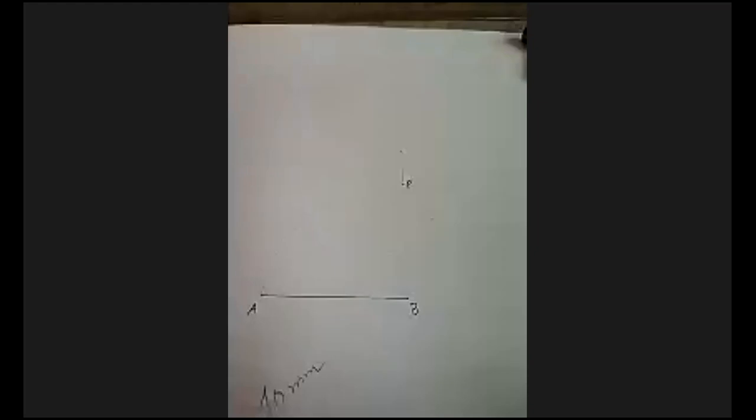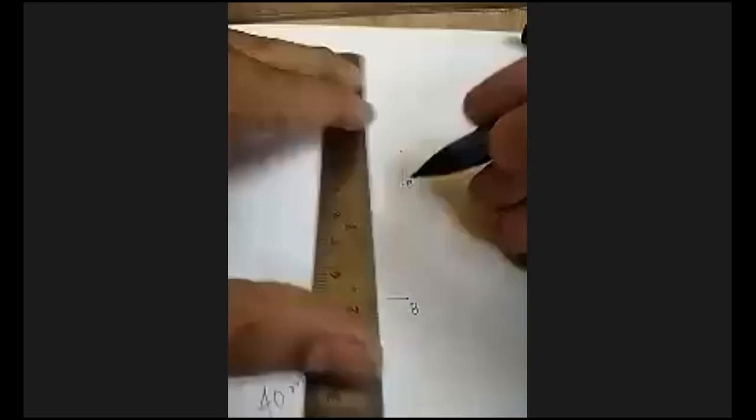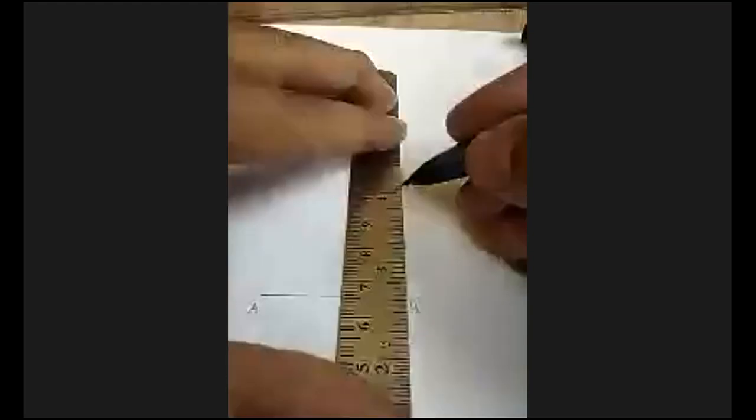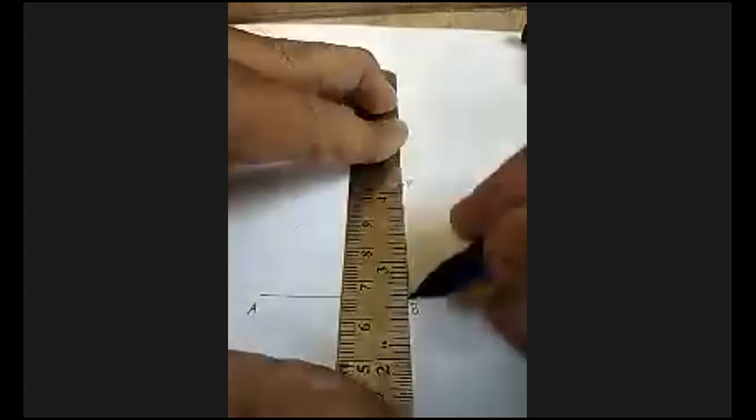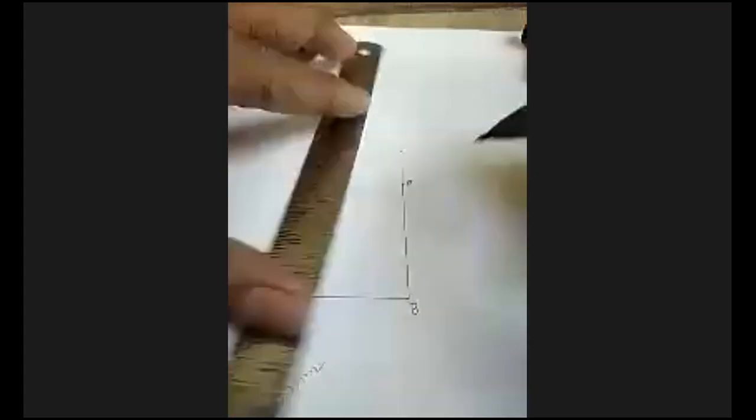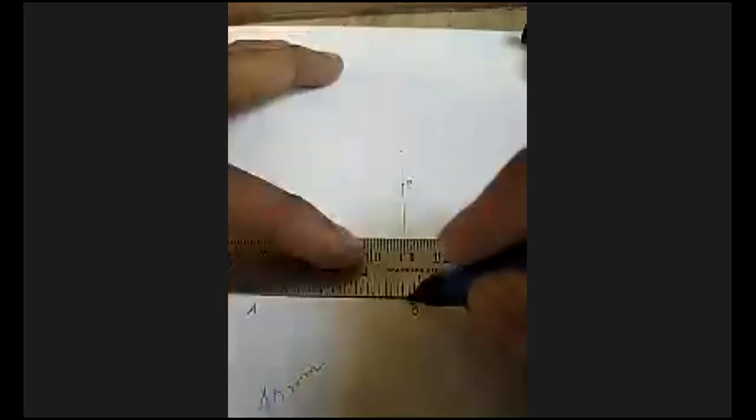Okay, give name P. So AB is perpendicular to BP. Clear, visible? I am drawing a bit dark so that you can easily see. But these are just preparatory lines, so it should not be that dark.